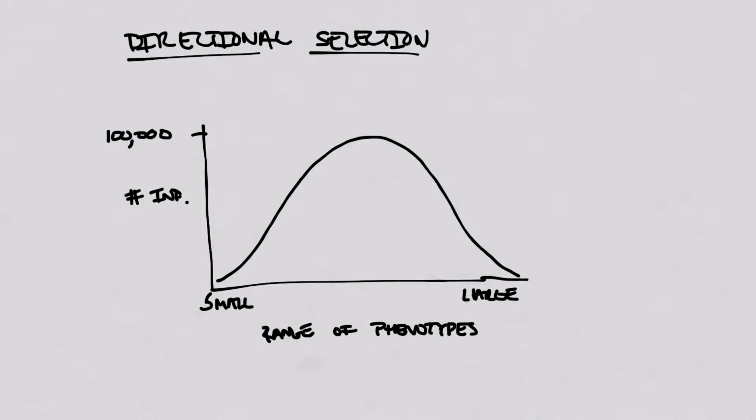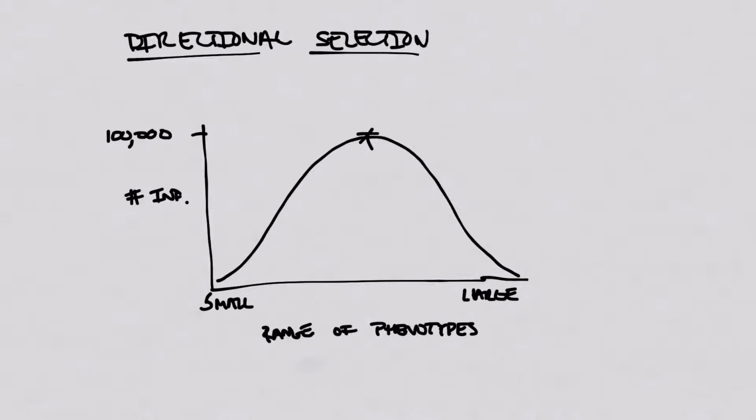These aren't people, let's say these are frogs. Most frogs are of a middling size, but there are some frogs that are small and some that are large, but most are somewhere in the middle. So this is the overall graph that we're going to be working with.